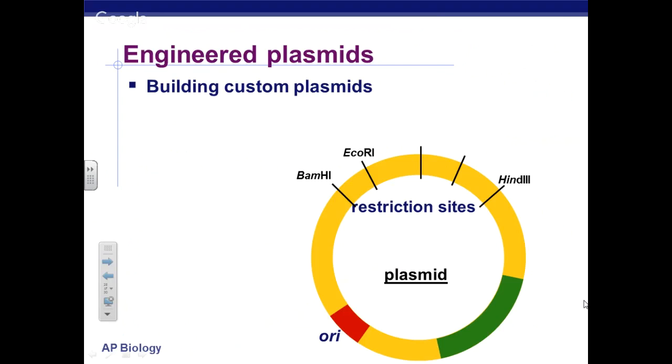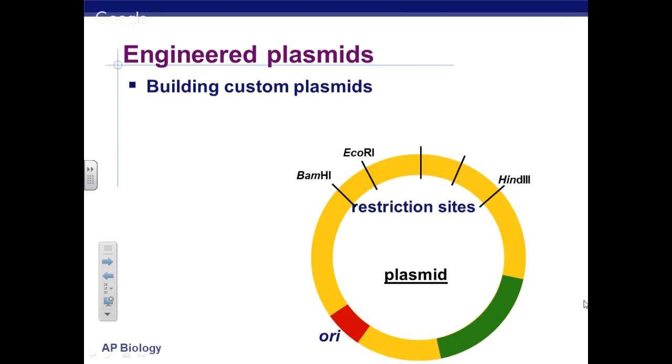Okay, most of the time you can buy plasmids already made. And in most plasmids you can buy, there's something called origin of replication over here. That's so it can replicate inside of a bacterial cell. So when the cell divides, it can have lots of copies of the plasmid. Here's our antibiotic resistance gene. And up here in the other part of the plasmid, there are different restriction sites.